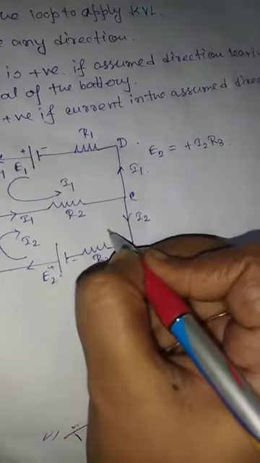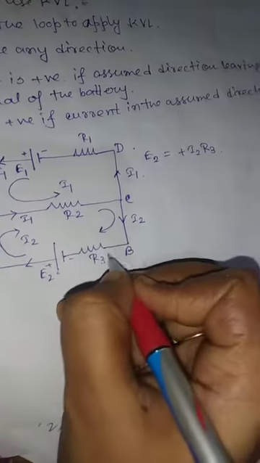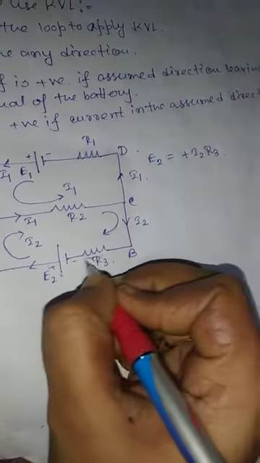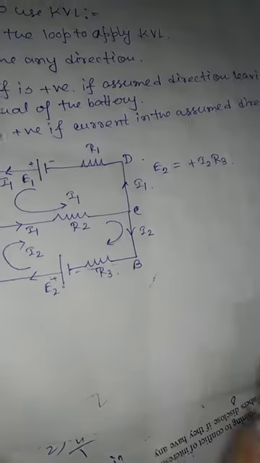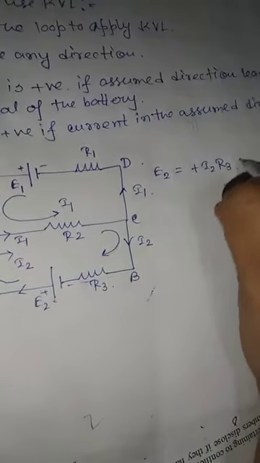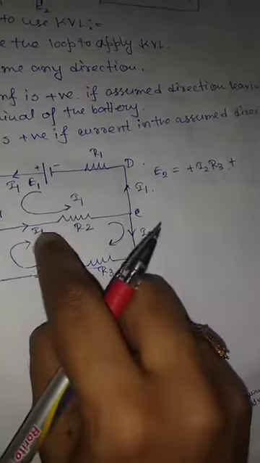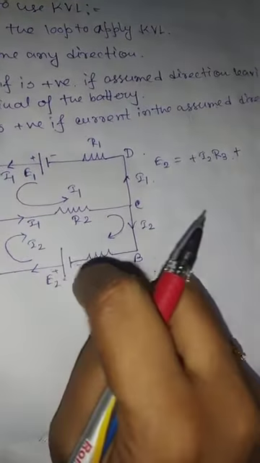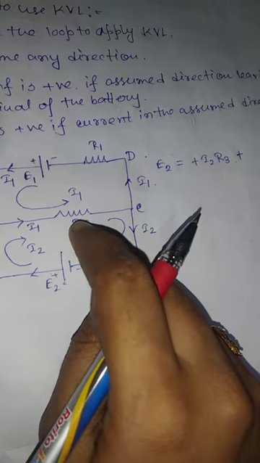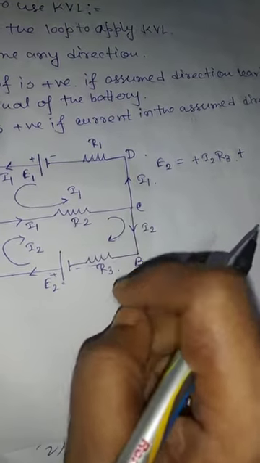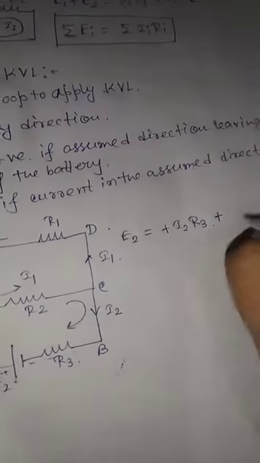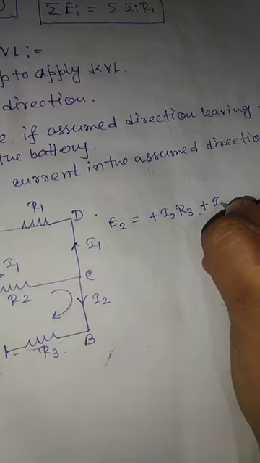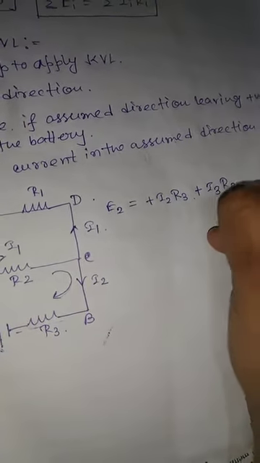I have assumed the current in this direction, so this is considered positive. I2 R3 will be positive, plus I3 R2.